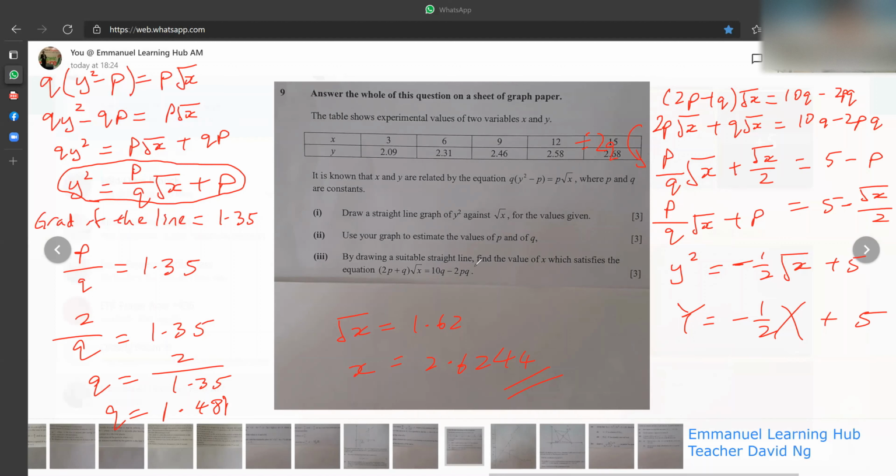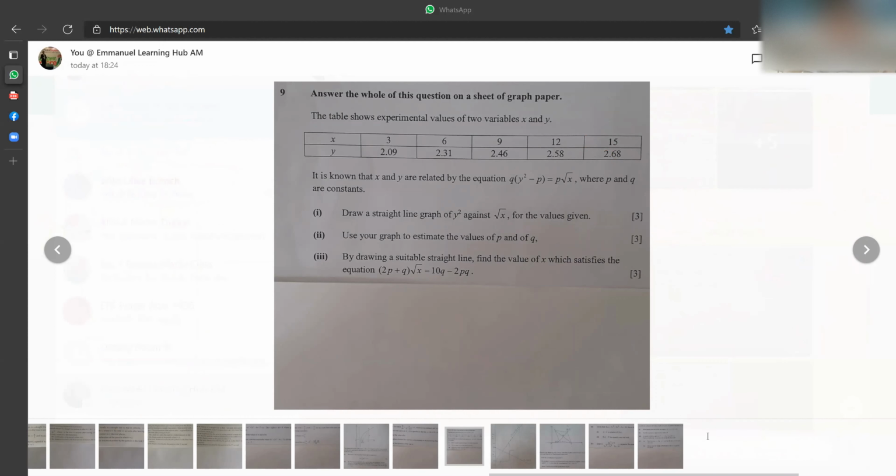Usually it's about 10 marks, so it shouldn't be too hard to do compared with integration. So you try to score full marks for your graph question if you can. Okay, you're okay. Let's move on.